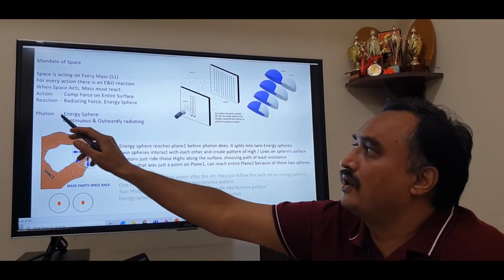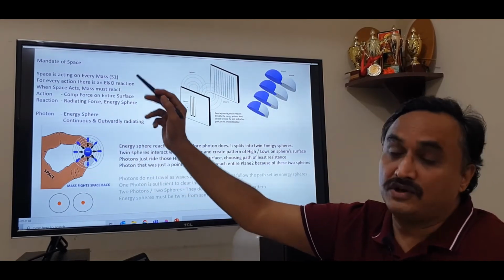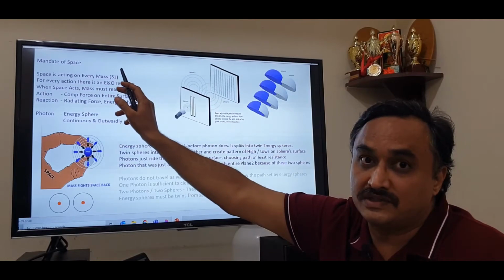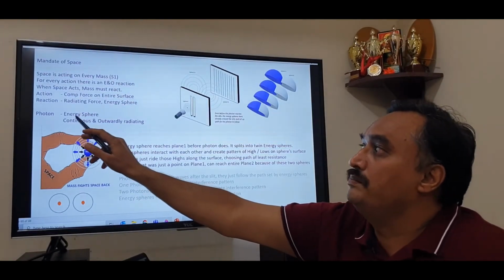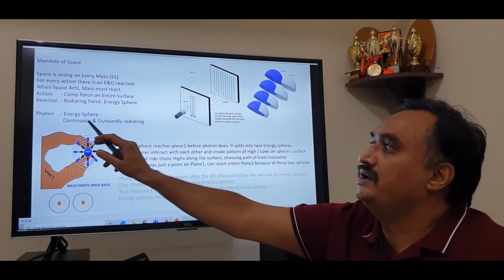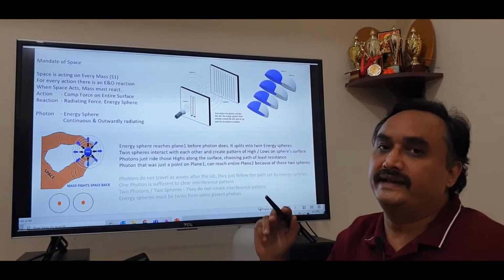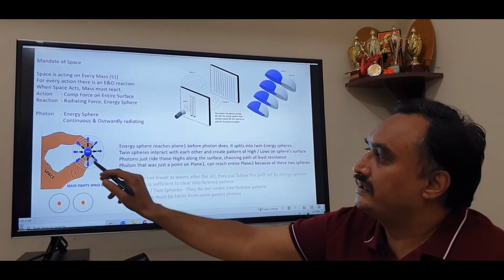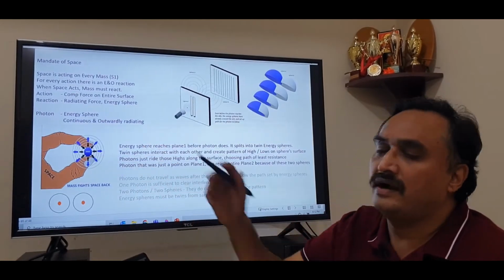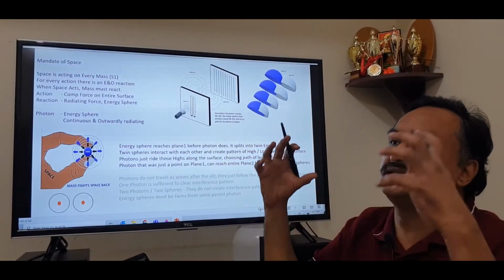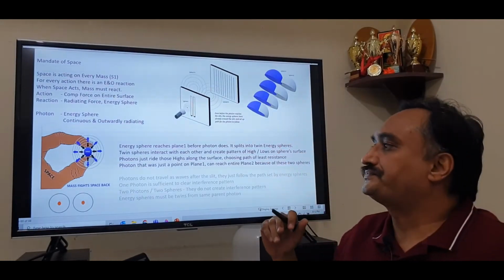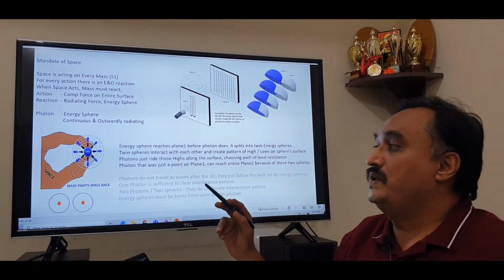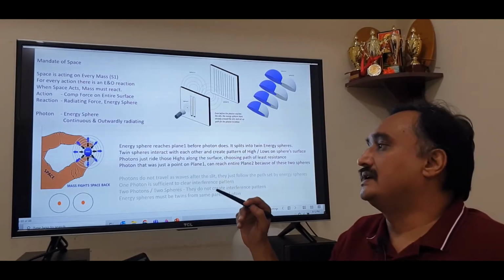So every photon will have an energy sphere because of the action of S1, space acting on the mass of the photon. There would be an energy sphere which is continuous and outwardly radiating. These energy spheres are going continuously away because space is continuously acting on it and the mass is fighting back.